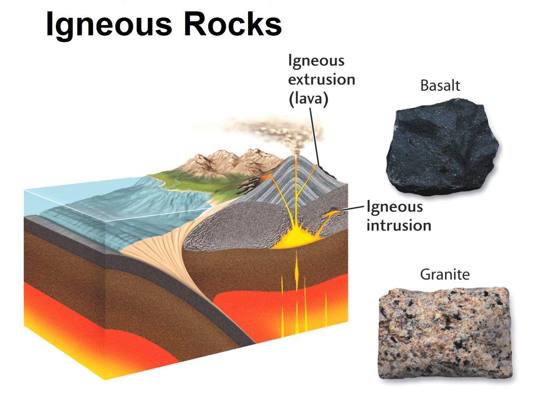If the cooling rate of magma is high, there is not enough time to form large crystals. You will expect fine grained igneous rocks such as basalt in this picture. If the cooling rate of magma is low, there is enough time to form large crystals. Therefore, you will expect coarse grained igneous rocks such as granite in this picture.